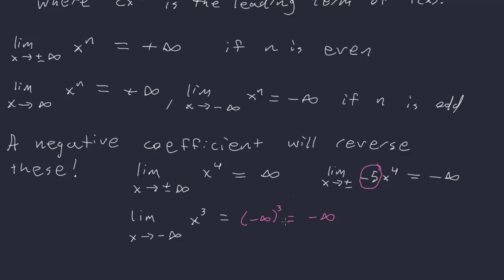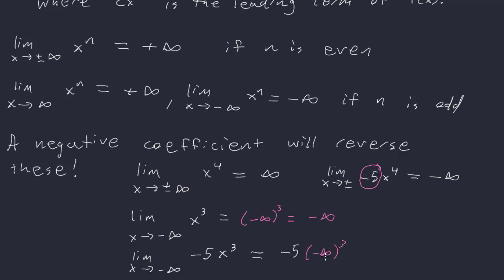Some people will scoff at this and say you shouldn't do this, but honestly, when you're just learning this stuff, I see nothing wrong with that. So the limit as x goes to negative infinity of x cubed is negative infinity. However, if we change this to the limit as x goes to negative infinity of, let's say, negative 5 times x cubed, that's going to be negative 5 times negative infinity cubed.